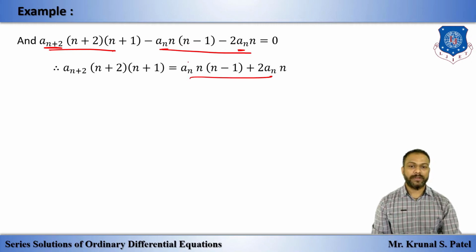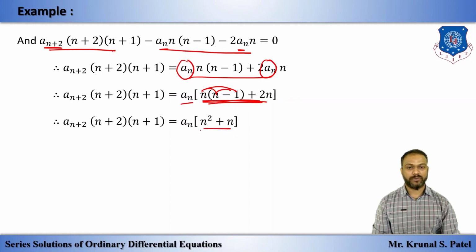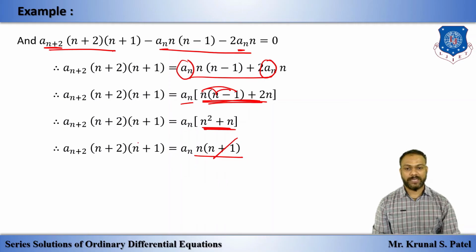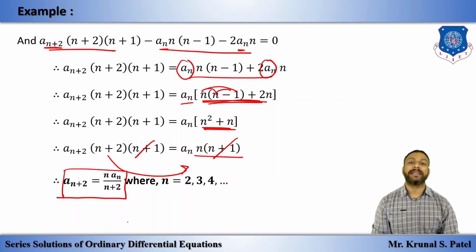Now we'll take an common from these two terms, so we have an outside and n minus 1 plus 2n. Now we expand this: n square minus n plus 2n, so n square plus n. Now by factorizing this, we have n into n plus 1. By cancelling out this n plus 1, we take this to the right hand side. So we have a n plus 2 equal to this, and this is our recurrence relation.